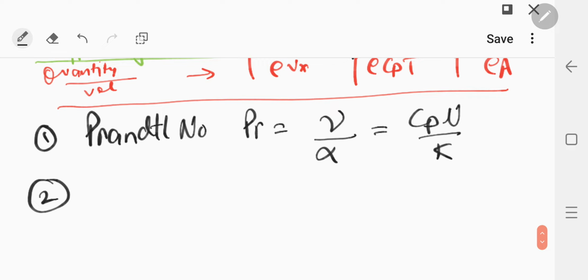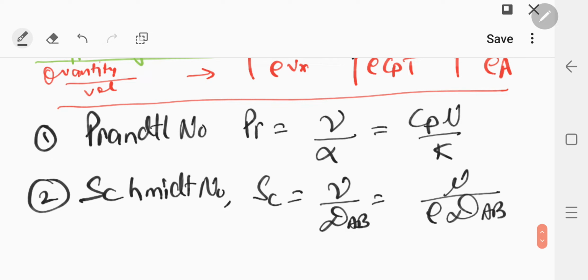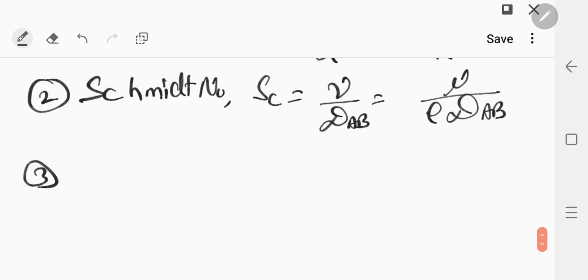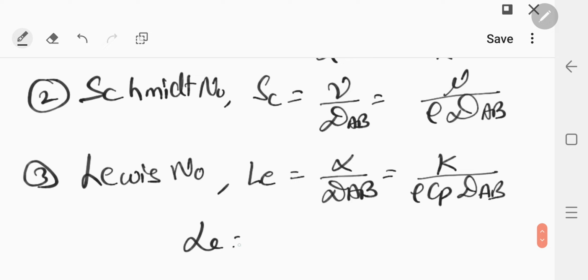The second is the Schmidt number, the ratio of momentum diffusivity to mass diffusivity, which is mu by rho DAB. And the third is the Lewis number, the ratio of thermal diffusivity to mass diffusivity, that is k by rho Cp DAB, or Lewis is nothing but the ratio of Schmidt number to Prandtl number.